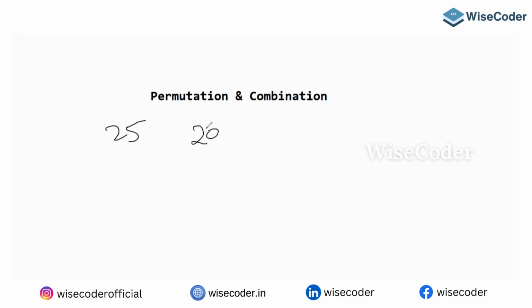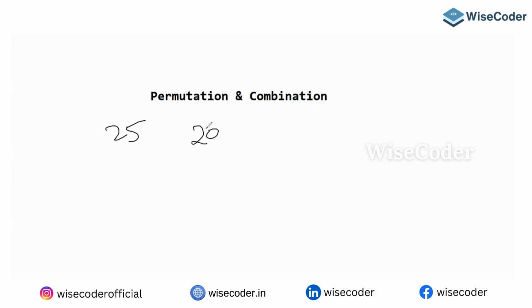Rather than calling out the names of 20 people who are selected, it's easier to call out the names of 5 people who are not selected. So every possible way of selecting 20 has a unique group of 5 people not selected.